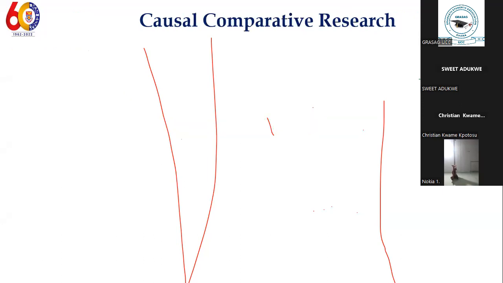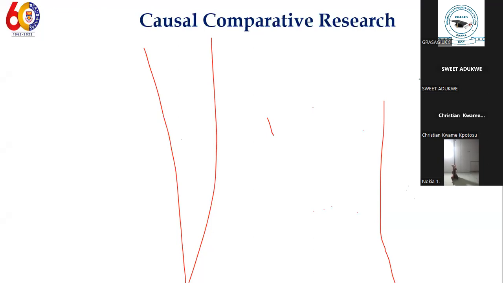Another aspect of quantitative research is the causal comparative research. And in this case, it is sometimes confusing when you are talking about the descriptive correlational design and the causal comparative. One issue we have to hold along as we are going is the issue about cause and effect relationship between the groups.